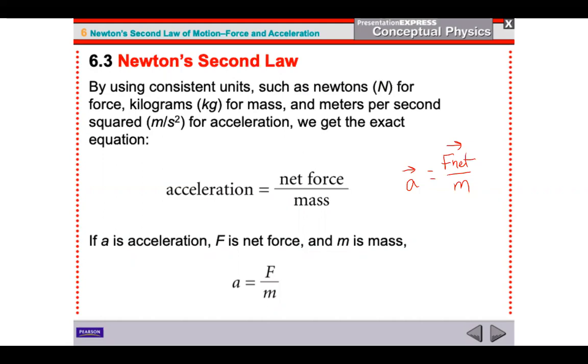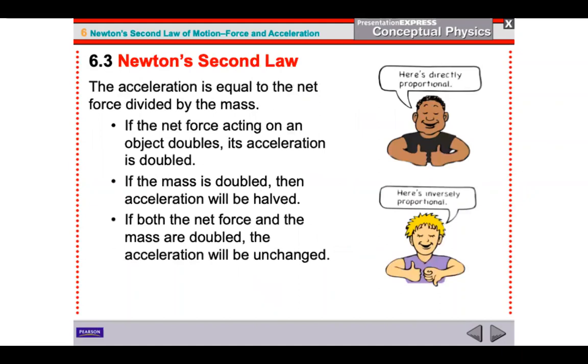And really, it's not like putting more force on something could cause more mass. That's not true. Your acceleration is a direct result of how much net force is applied, and it also depends on how much mass that object has. So if the net force acting on an object doubles, its acceleration doubles because of that direct relationship.